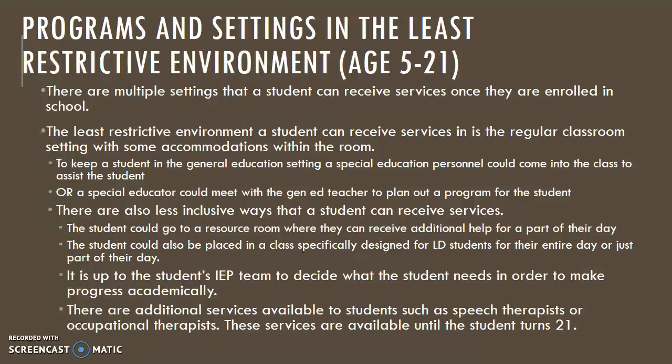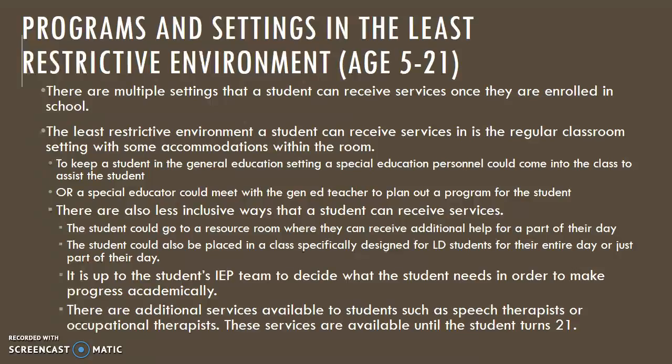There are other ways that a student can receive services that are less inclusive, such as going into a resource room where they can receive additional help for part of their day. Or they could be placed in a class specifically designed for LD students for the entire day or just part of their day. If they only have trouble with reading, then they could just be in that room for English rather than all day, and the rest of their day could be spent in the gen ed setting.